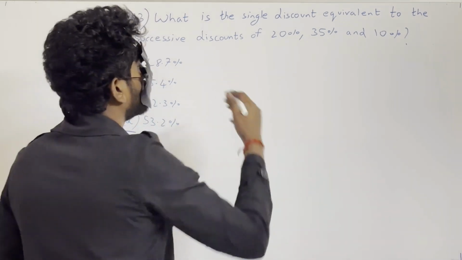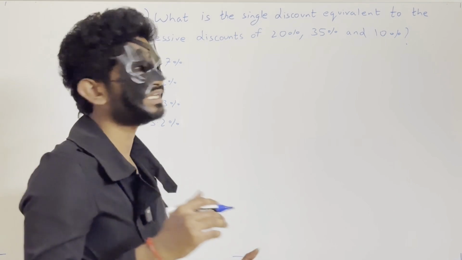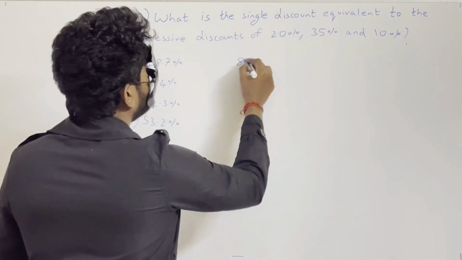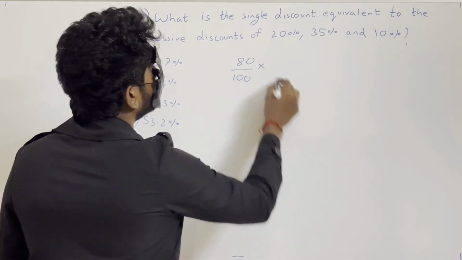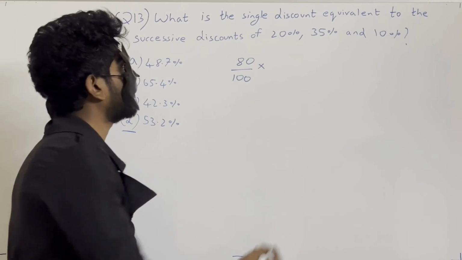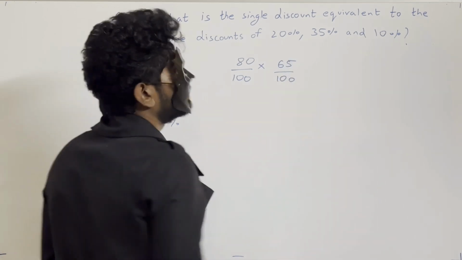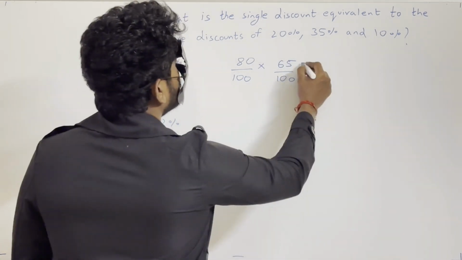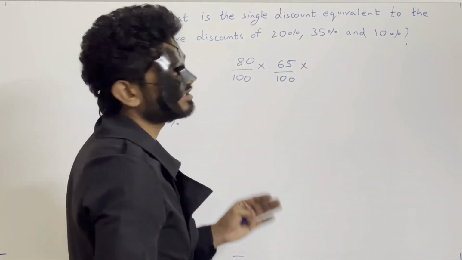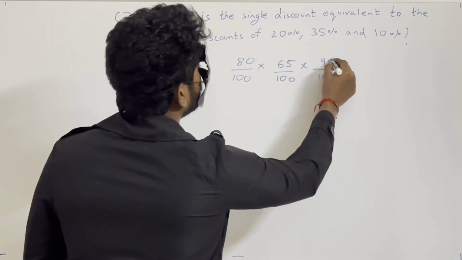Suppose an item is 100 rupees, you are getting 20% discount, means you will be selling it at 80. So it's nothing but 80 by 100, right? Into, and next you are giving 35% discount. 35% discount means an item which is of 100 rupees, you will be selling it at 65 rupees, into, and 10% discount means an item which is for 100 rupees, you will be selling it at 90 rupees, right?